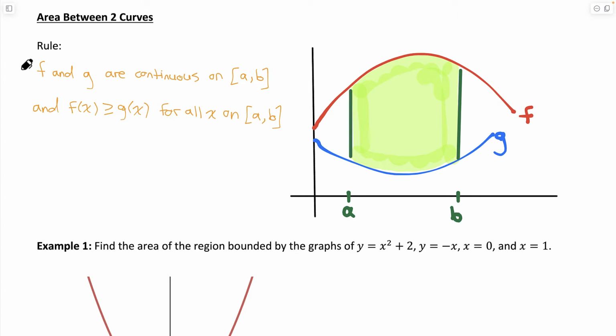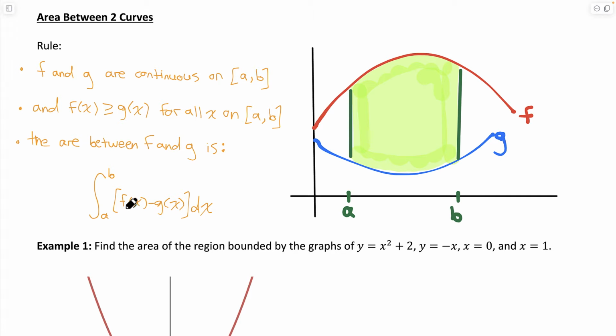So if those two conditions are met, I know that the area between f and g on that interval is equal to the definite integral from a to b of f at x minus g of x dx. Let me explain to you why that definite integral will get us that area.